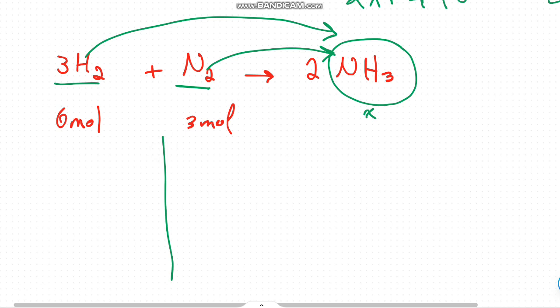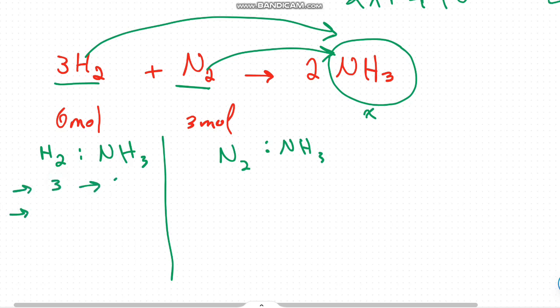Okay, let's check the two ratios, hydrogen and ammonia, then nitrogen and ammonia. Step 1, step 2. From the equation, 3 gives 2, step 2 from the question, 6 gives x.